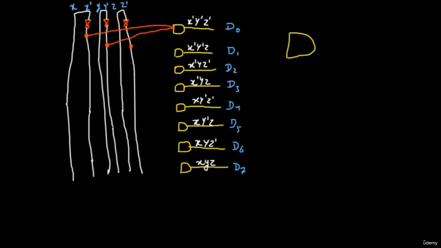There are three inputs, so I cannot make it in just one. That's the reason. In this one we have the Z, and X dash Y dash is coming from these lines that we have right here.